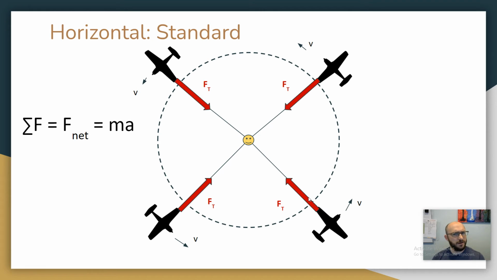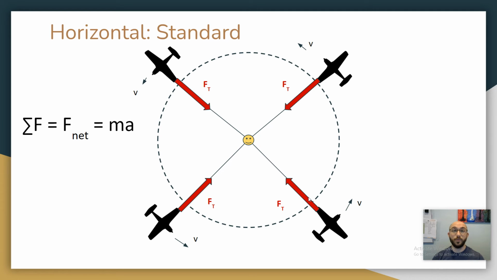We also know that there are three forces on this plane. There's gravity force, there's normal force, lift force technically in this case, but we don't care about those right now because they cancel each other out. Which leaves us with the third force, the only one we care about, tension force.